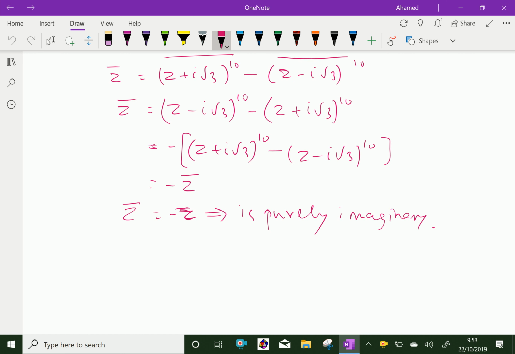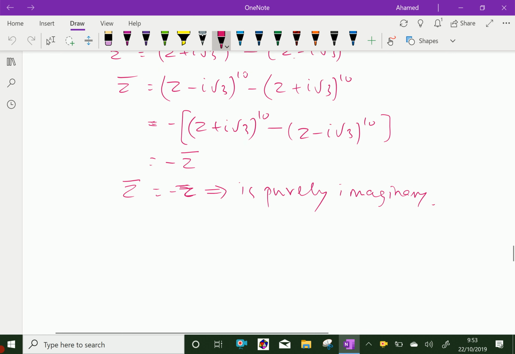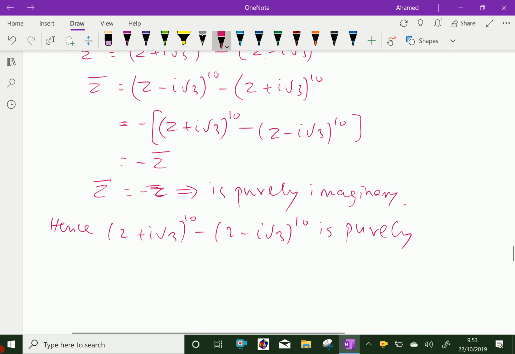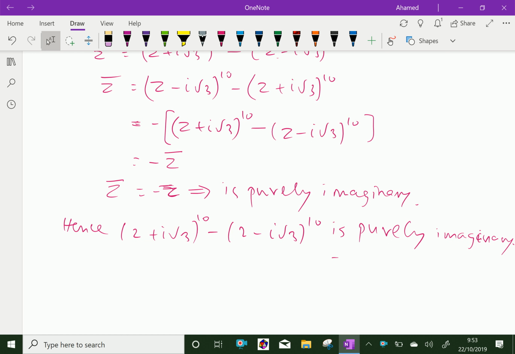Hence the given (2 + i√3)^10 − (2 − i√3)^10 is a purely imaginary complex number. Then the first part we proved.